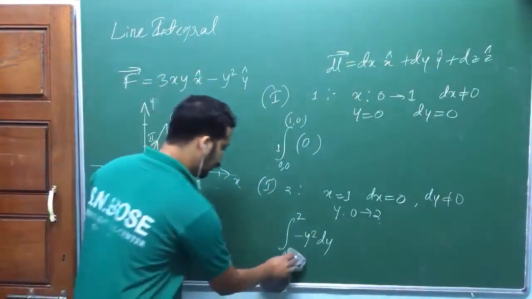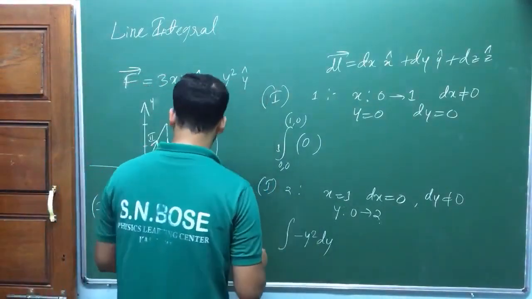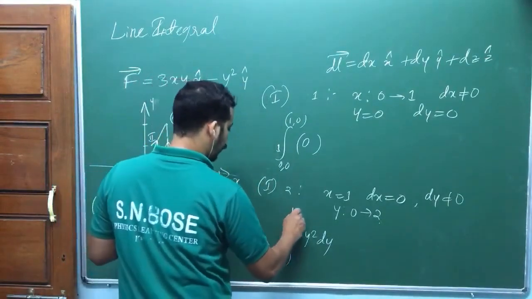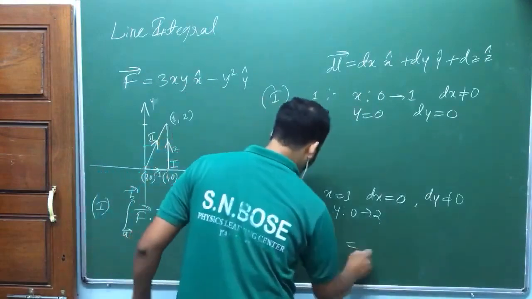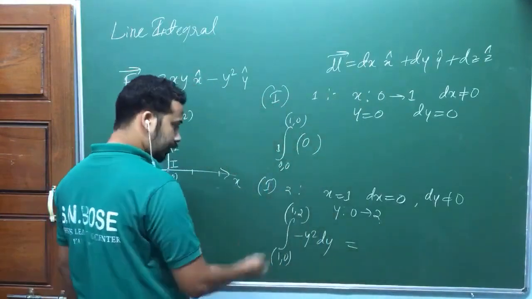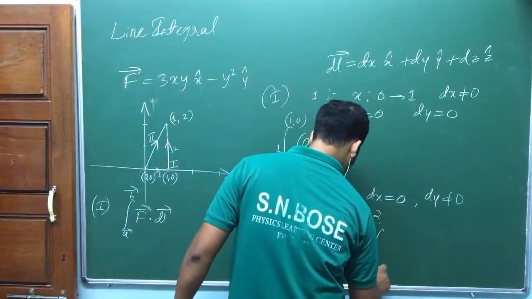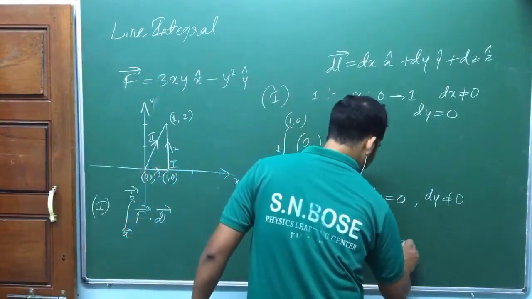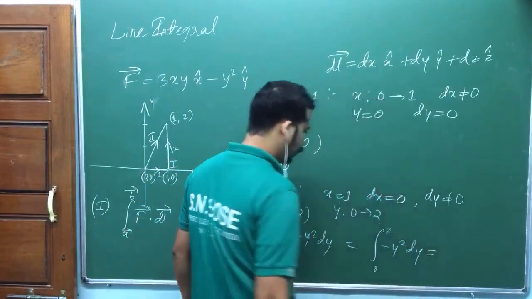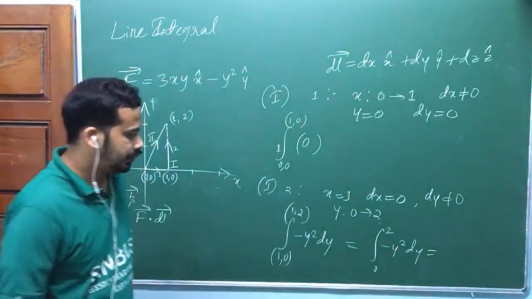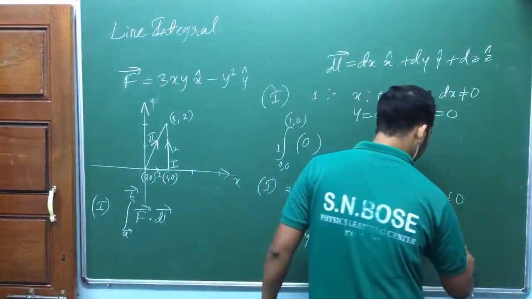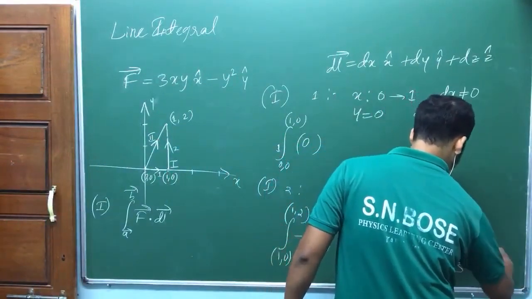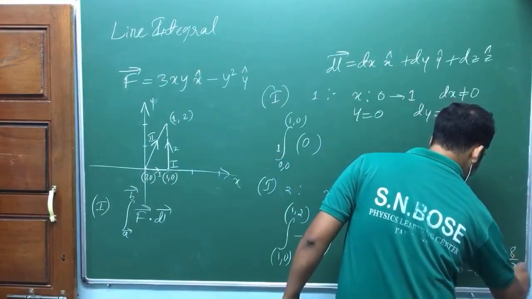Actually you have to write (1,0) to (1,2), but y is changing from 0 to 2 along the straight line. Minus y square dy is equal to minus y cube by 3, upper limit minus lower limit. What is this? Minus 8 by 3.